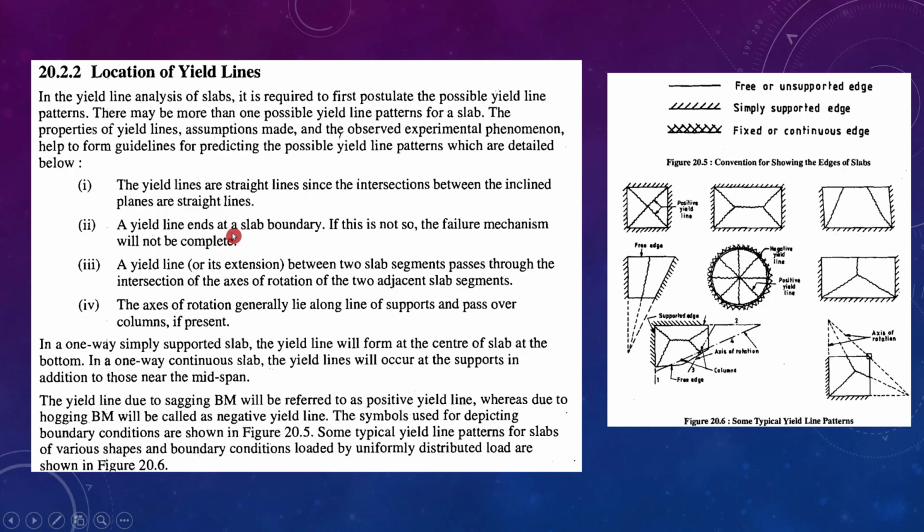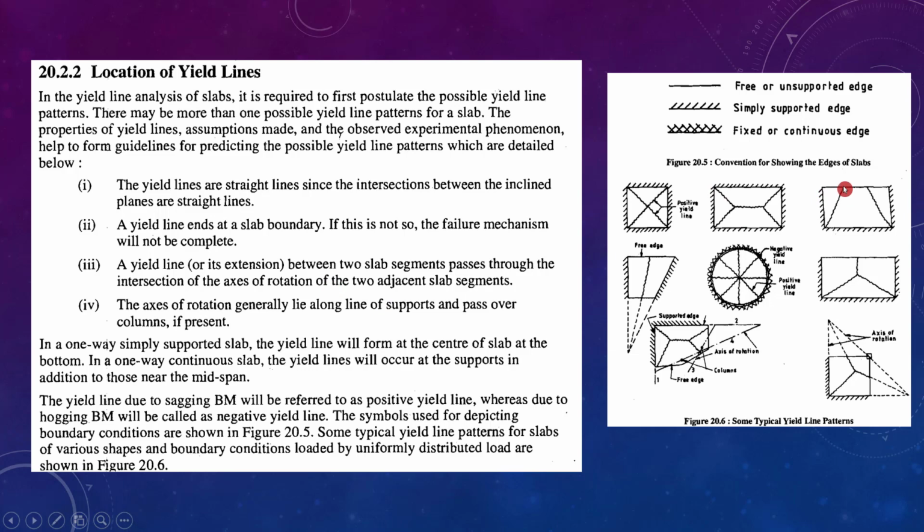The yield line ends at a slab boundary. You can see for these types of slabs, these are the yield lines, and all the yield lines will either connect to another yield line on the other side, so both sides will be touching the adjacent yield line, or one end to a yield line and one end to a support, which is a must, or it can be to supports on both ends.